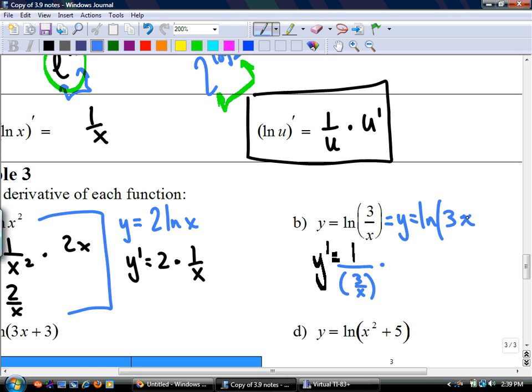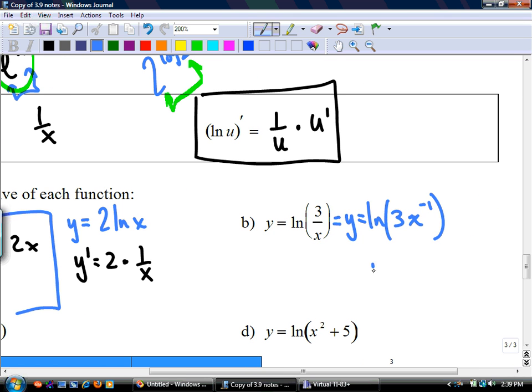So you could write it as 3x to the negative 1. That's a good strategy. So if you did that step, your derivative is 1 over 3x to the negative 1 times negative 3x to the negative 2. So that's one way of doing it.